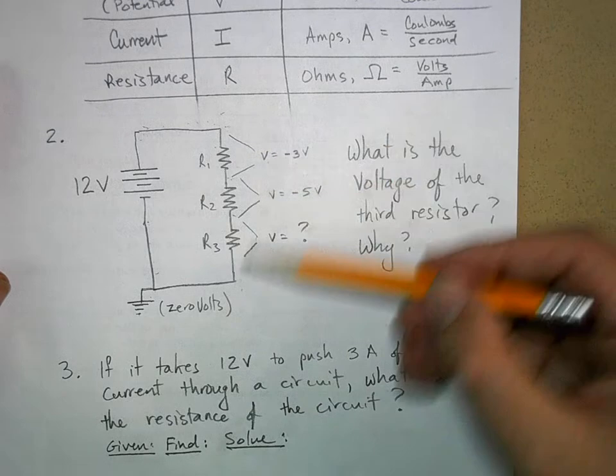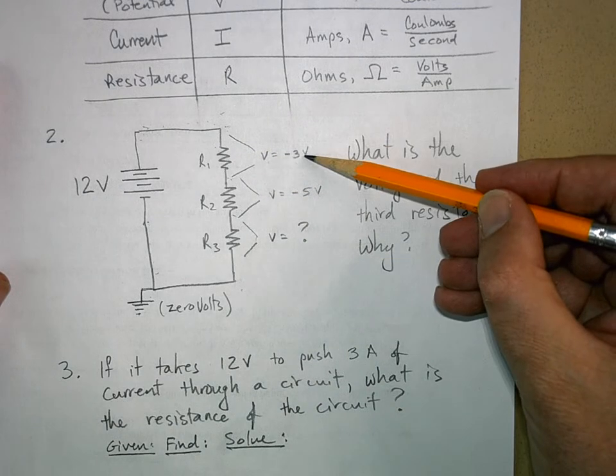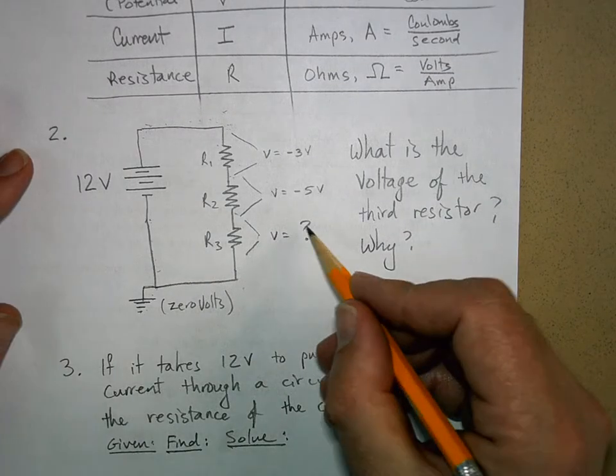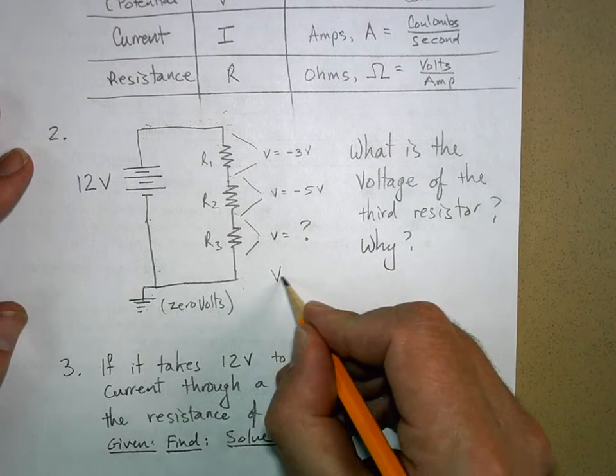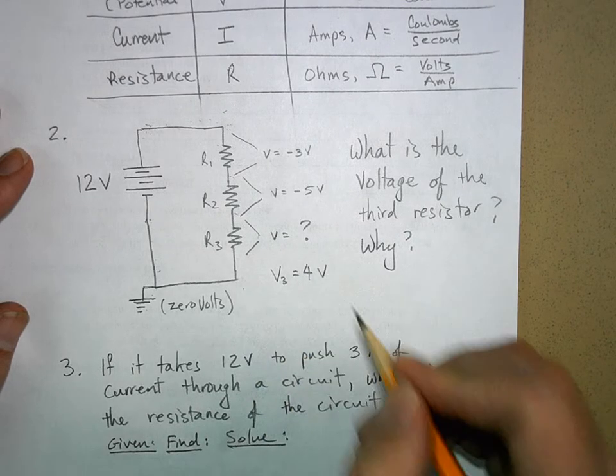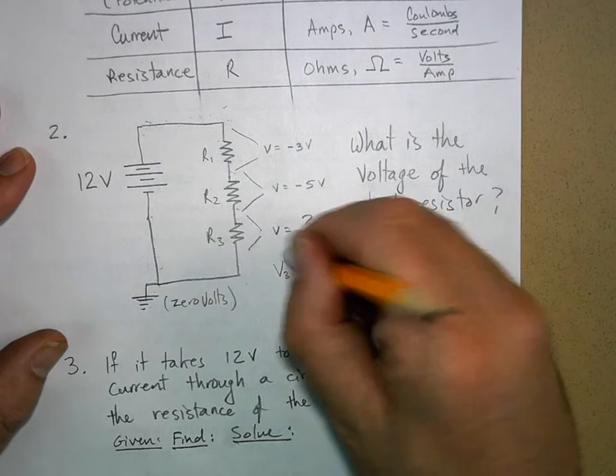To go down 12, if you've already gone down 3 and down 5, you need to go down 4 more to get a total voltage drop of 12. Does that make sense to everybody? 12 volts. So therefore, V3 must equal 4. Well, negative 4. Oops.